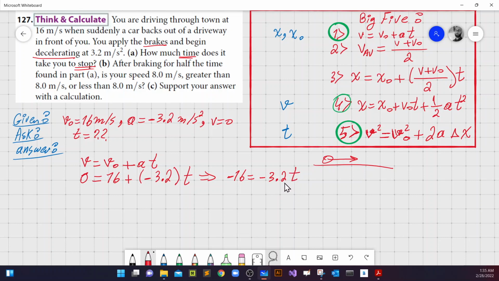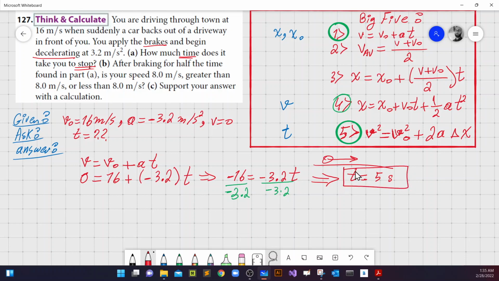Since minus 3.2 is multiplied by t, we need to divide both sides by minus 3.2 in order to eliminate the number in front of t. And finally we get that the time needed to make the car stop is 5 seconds.